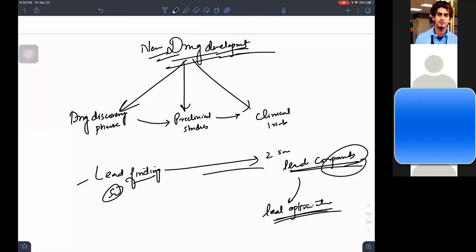Once you reach a lead compound, you are doing lead optimization too. Once you reach this lead compound, it is now going into preclinical studies. So you have ended the drug discovery phase at lead compounds.